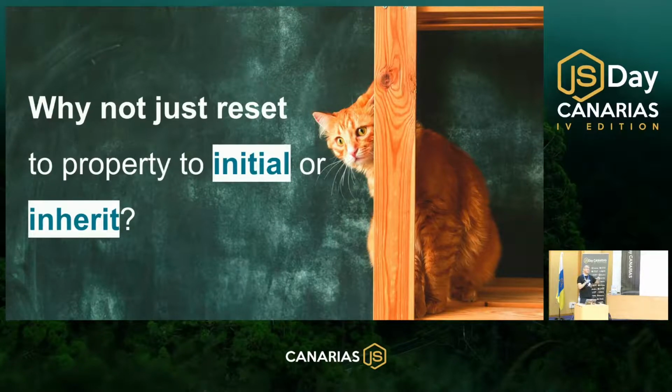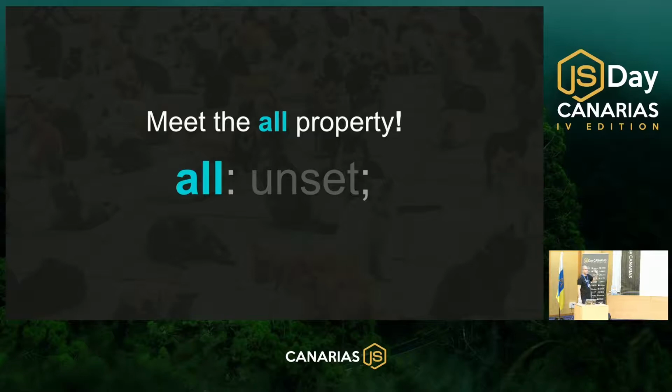And there is another, a lot better reason to use the unset value. This is because we have another really special property in CSS that so many web developers don't even know exists. This is the most special property that exists in CSS. I'm talking about the all property. The all property takes all the properties that exist in CSS and combines them into one property.